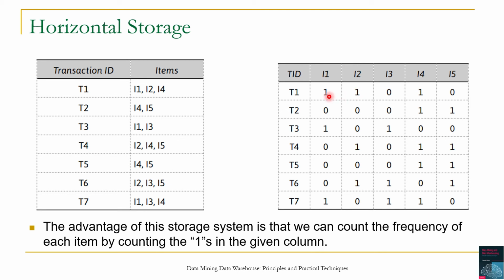So for transaction T1, we will get 1, while for all other transactions, we will get 0. So item pair I1 and I2 is only present in T1, while in all other transactions it is absent. So it's very easy to find the frequency of an item pair, and for this we simply need to intersect the corresponding columns. This is about horizontal storage.